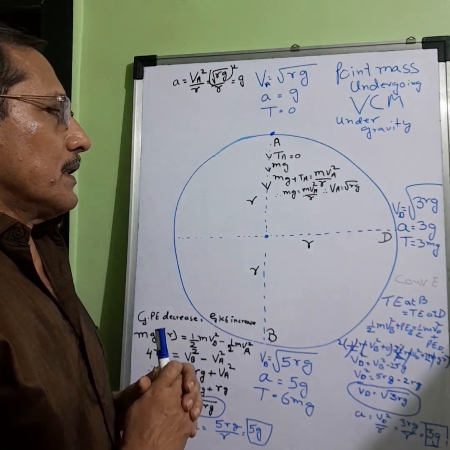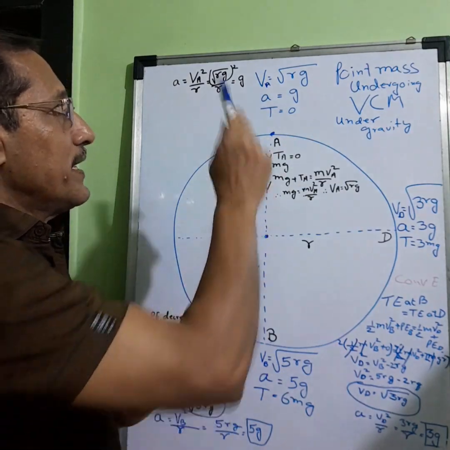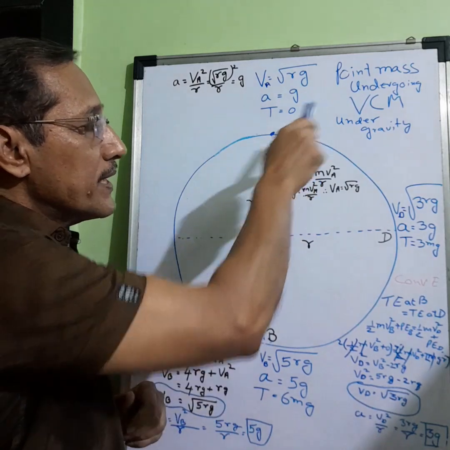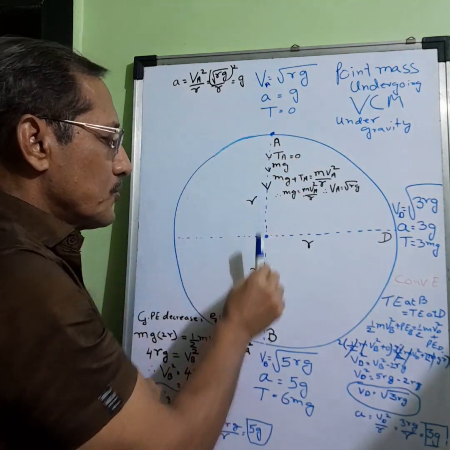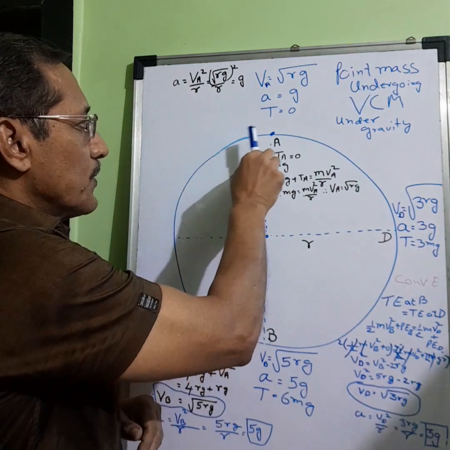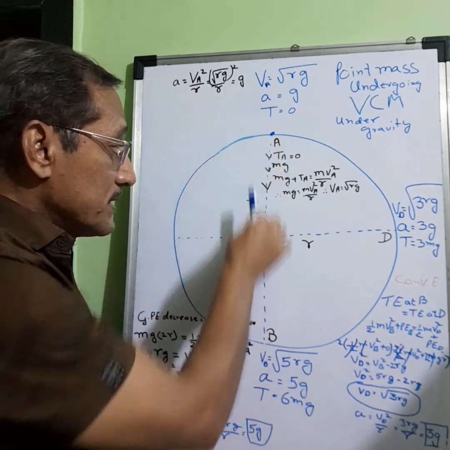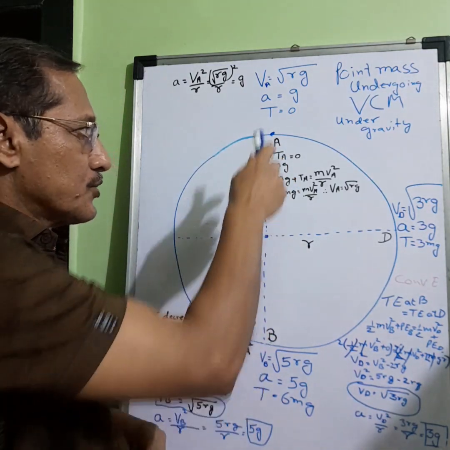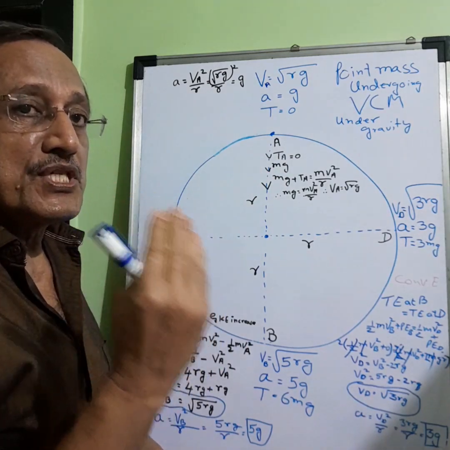Now, when the point mass is moving in a vertical circular motion, what happens? As soon as it comes over here at point A, the particle gains height. How much height does it gain? It gains r plus r, 2r height. We know the formula for potential energy is mgh.